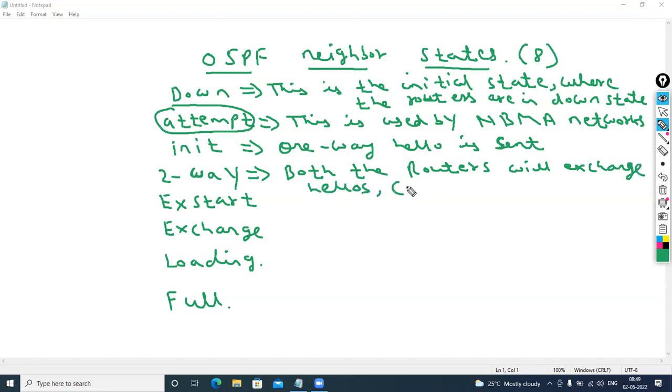A very important point: DR-BDR election happens at two-way.